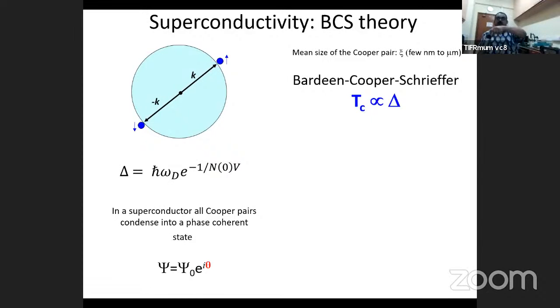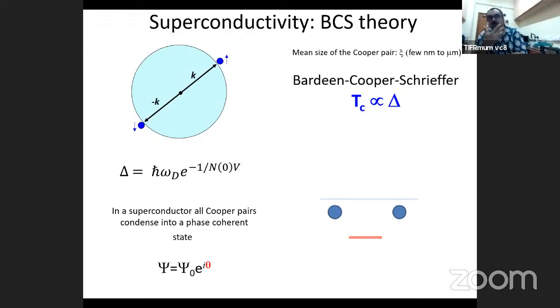Now, within BCS theory, of course, the superconductivity has a single energy scale, which is the superconducting energy gap, and Tc is therefore proportional to the superconducting energy gap. When you increase, let's say, temperature, some of these pairs get broken.